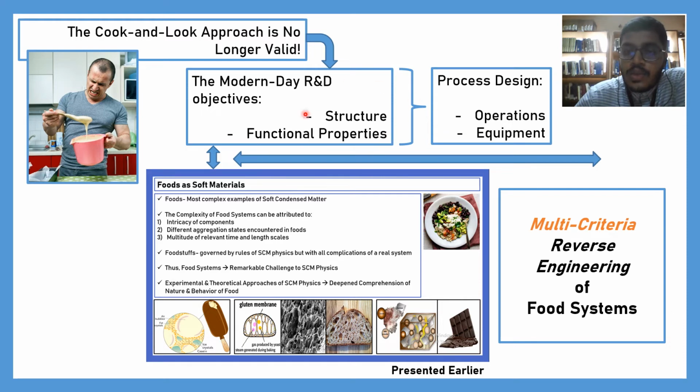So by using those models, we can actually predict how our final food product will look, and this will hopefully reduce the efforts involved in the initial prototyping and initial trials conducted for food product development.